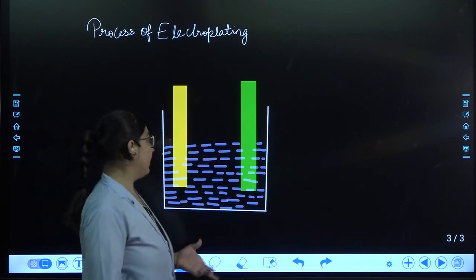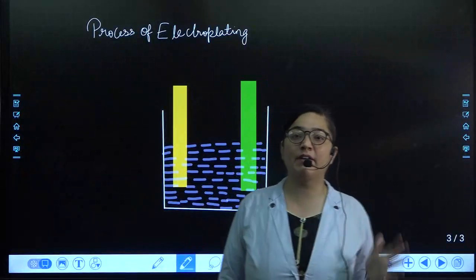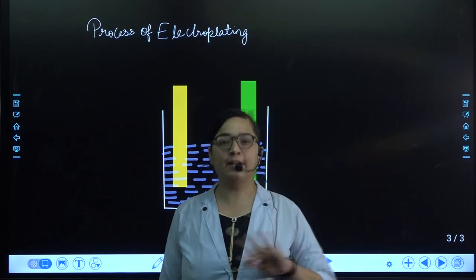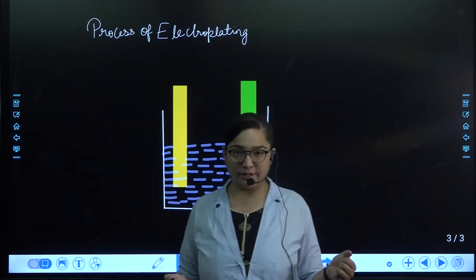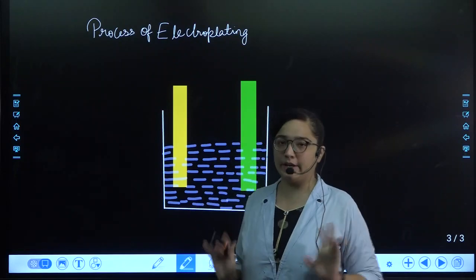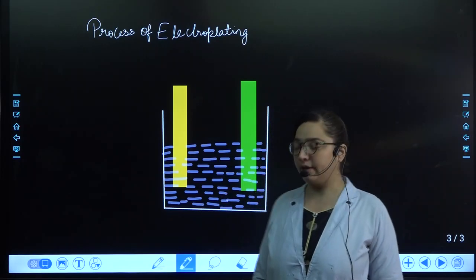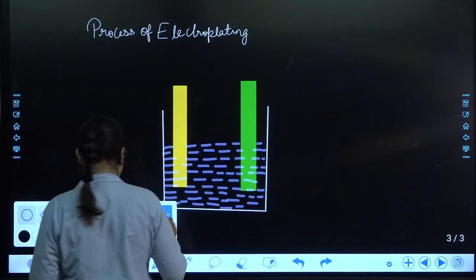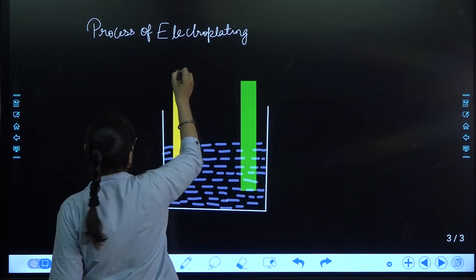First of all, the two electrodes, one on which plating is to be done and one which is to be plated, are both washed thoroughly. Then we have to take a beaker and adjust the two electrodes as shown over here so that they do not touch each other. Now what we have to do is connect the battery with them.